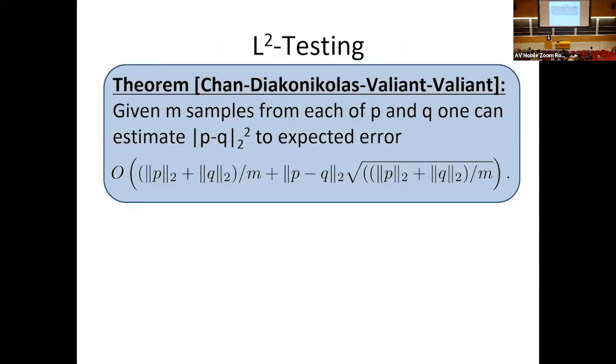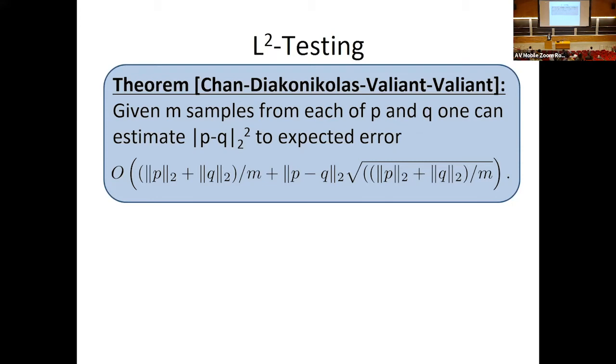Now, if we want to do this in a little bit more detail, one nice way to formalize this is that, given samples from two distributions P and Q, it is not hard to estimate the squared L2 norm between them.